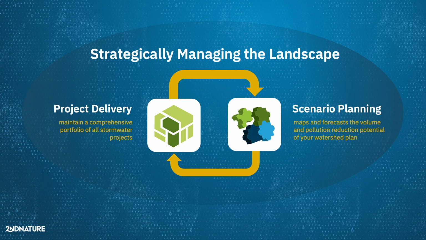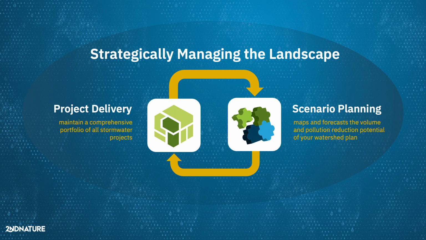You can start to see how those two form a virtuous cycle. Being able to have an authoritative inventory of all of your projects, to be able to manage those projects through their natural life cycle, as you saw, moving from a project design into actually figuring out which specific BMP assets you're going to be placing on the landscape, and then running that all the way through to implementation.